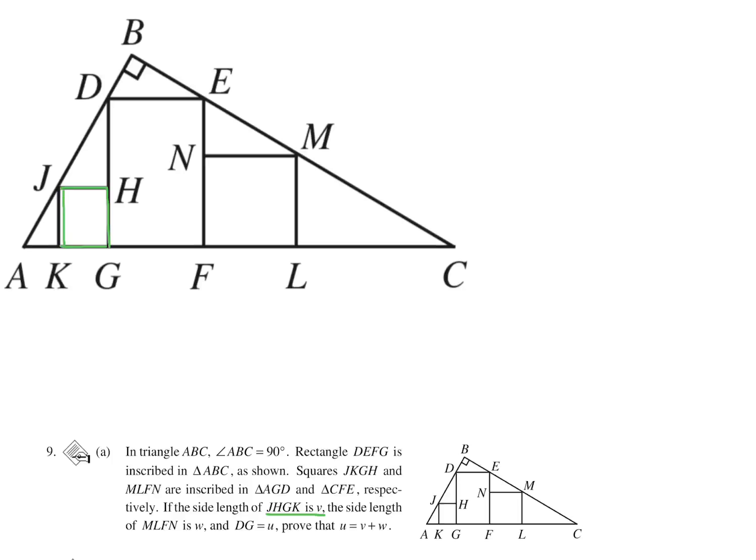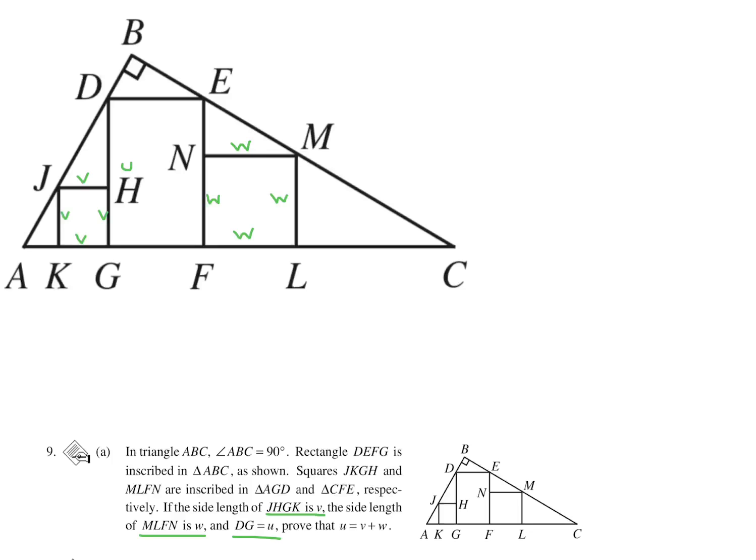JHGK is a square, according to the question, and its side length is V. So this is V, this is V, this is V, and this is V. And then MLFN, another square right here, that has a side length of W. So this is W, W, W, and like that. And then DG is U. So this whole thing right here is U, top to bottom. I'll put a big U there, like that.